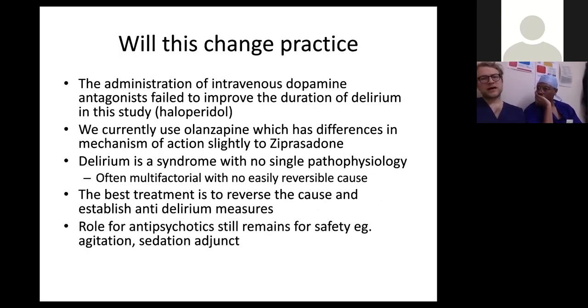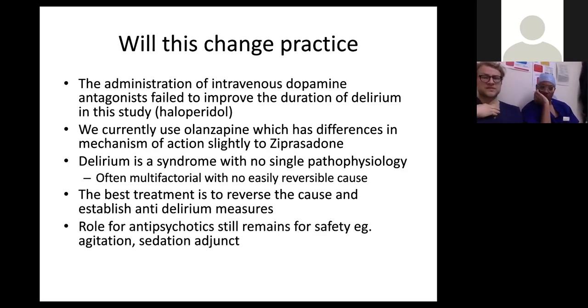Will this change our practice? So this study shows that using haloperidol failed to improve the duration, timing and outcomes of delirium in our patients. So should we be using haloperidol?